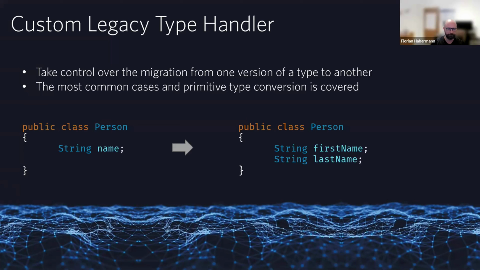Or if you move the class to a different package, this can be done by a simple mapping table. But the most common case, of course, is if you add fields or rename fields or change a type of a field. The simple case handles just an addition of a field. These common cases can be detected by the engine.